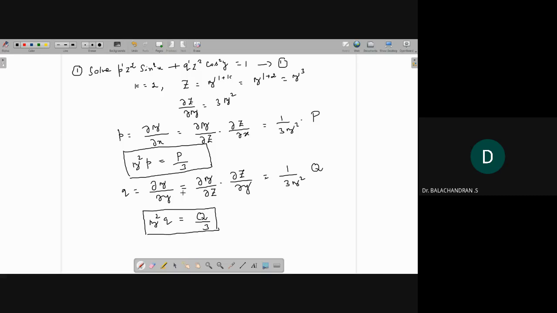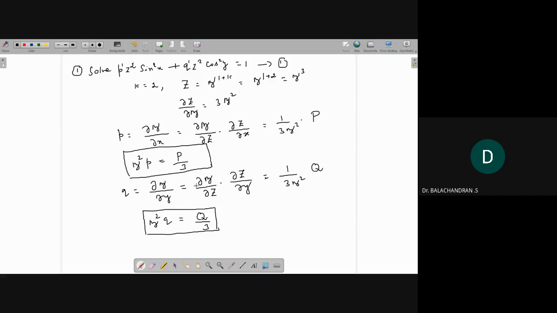Okay, now you should substitute these two values in the given equation 1. You will get Z square P is P by 3, Z square Q is Q by 3.